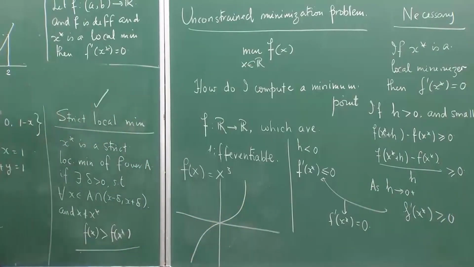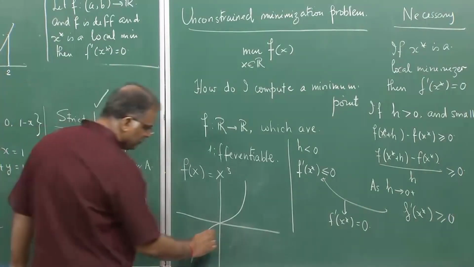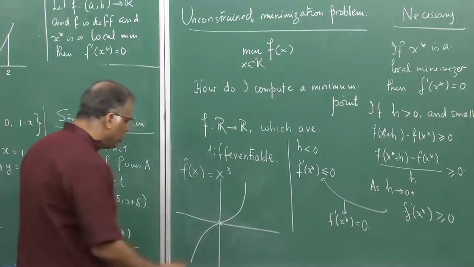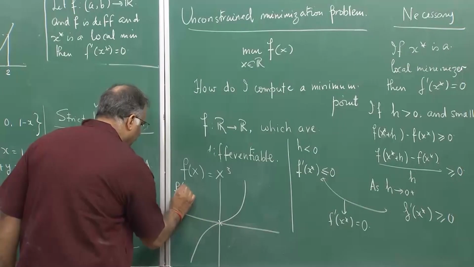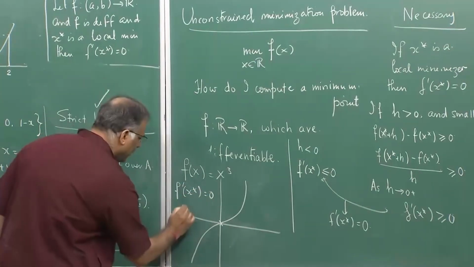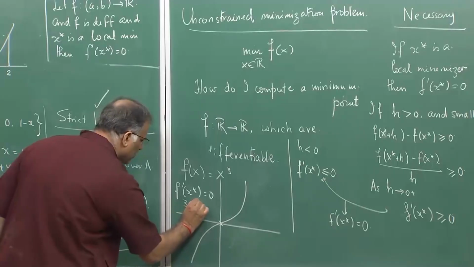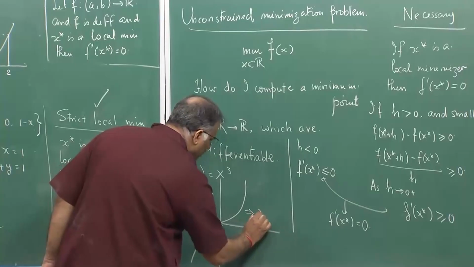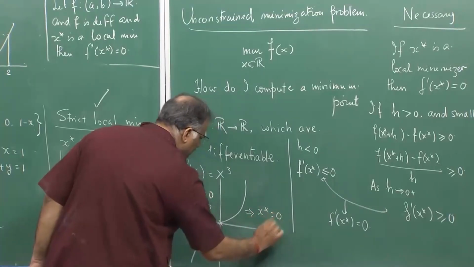Because now you have mathematical packages, and those who have access to it can use those mathematical packages. Now, if you compute f dash x star equal to 0, you will get 3 x star square equal to 0, which will imply that the only solution that you have is x star equal to 0.